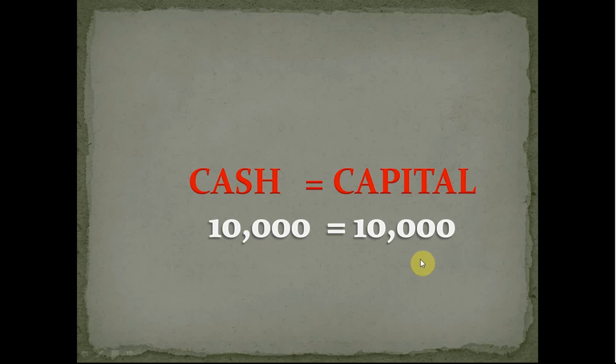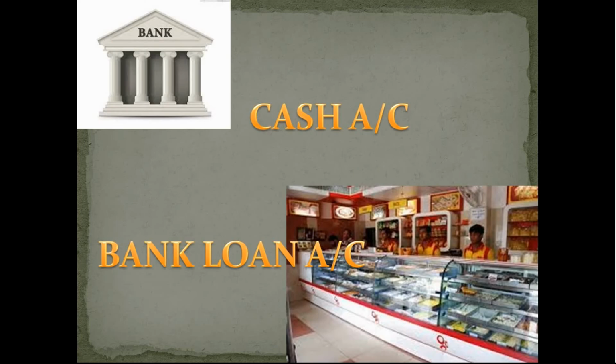Now, if we put this on a similar example, say this sweet shop takes a loan from a bank, which is an outsider, we find that again two accounts are affected: the cash account and the bank loan account. The cash account is an asset for the business, whereas the bank loan is a liability.